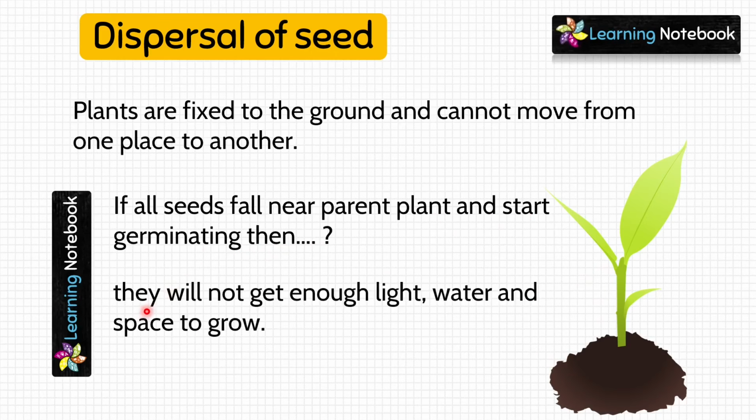Yes, those seeds will not get enough light, water and space to grow. Therefore, parent plants need to scatter their seeds far away from them. And this process is known as dispersal of seeds.